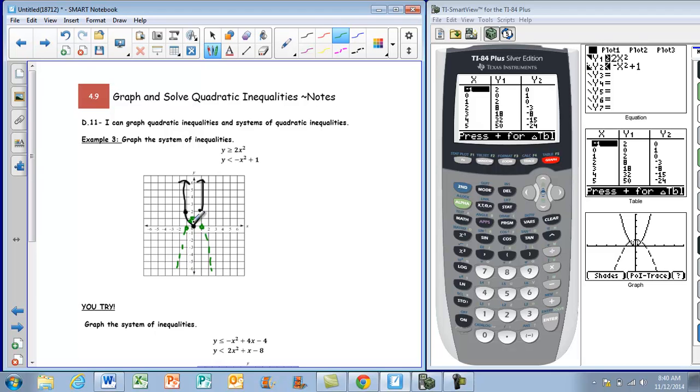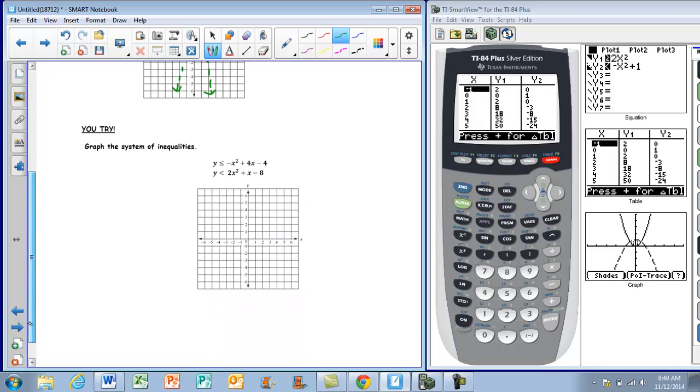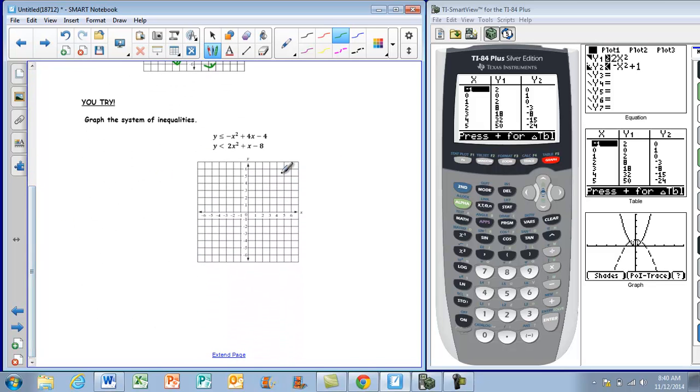And our shading should happen in the middle here. So this is what your answer will look like for this question. You're just graphing both parabolas, and then you're finding the section where they intersect. All right, so go ahead and pause here and try this last one on your own.